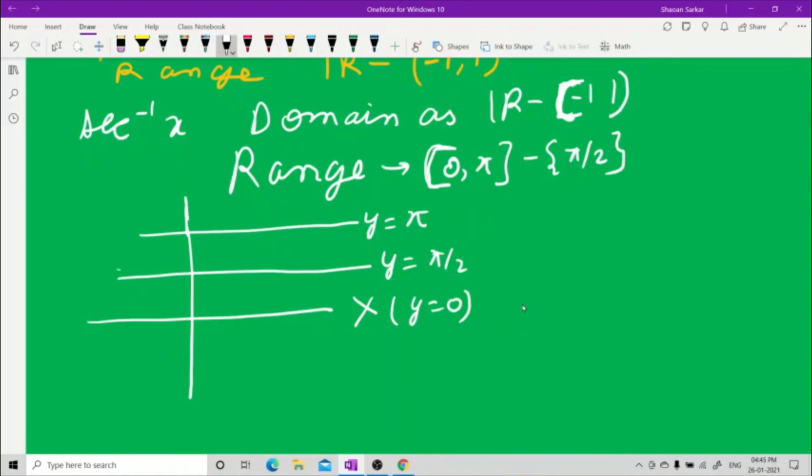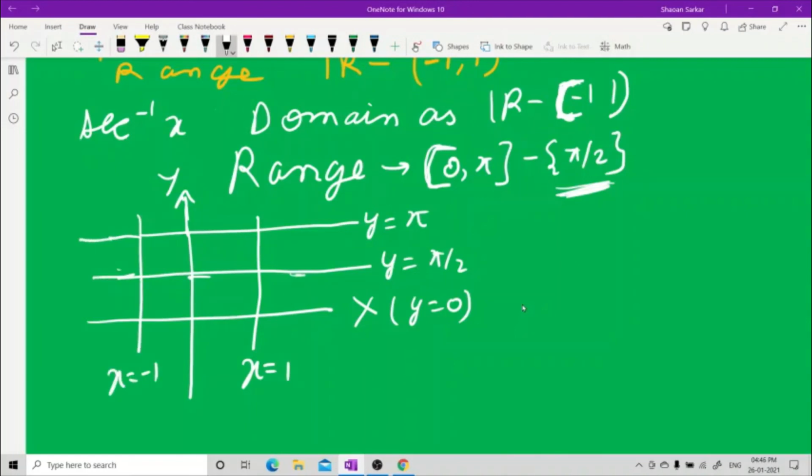Now the graph will not touch this line, because this point has been removed. This is your y-axis, this is your x equal to 1, and similarly this is your x equal to -1.